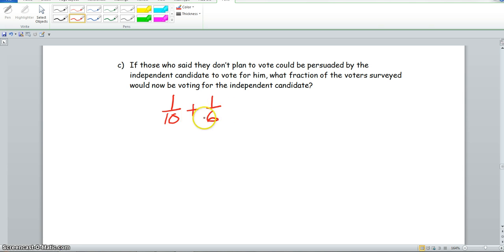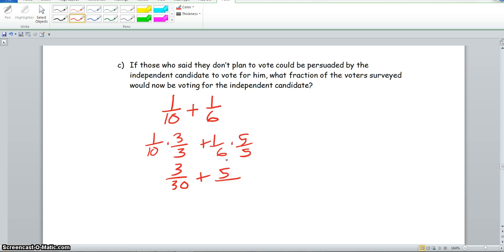Okay, now we need to find the common denominator of 10 and 6, which is 30. So we have 1/10 times 3 over 3 plus 1/6 times 5 over 5. 1 times 3 is 3. 10 times 3 is 30. 1 times 5 is 5. And 6 times 5 is 30.